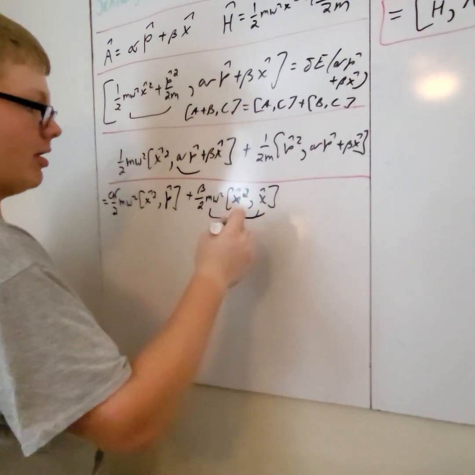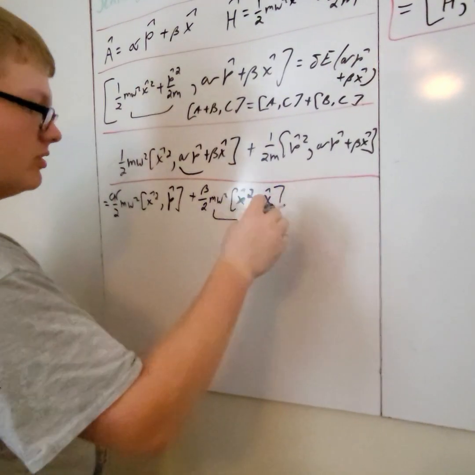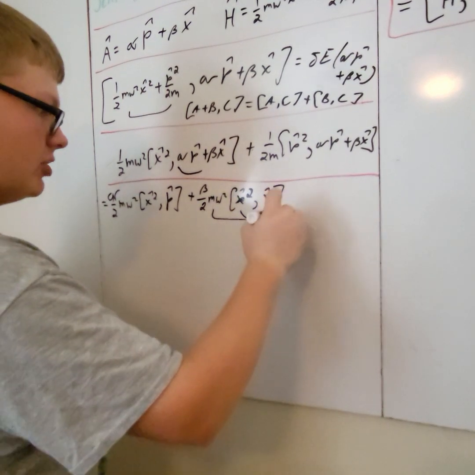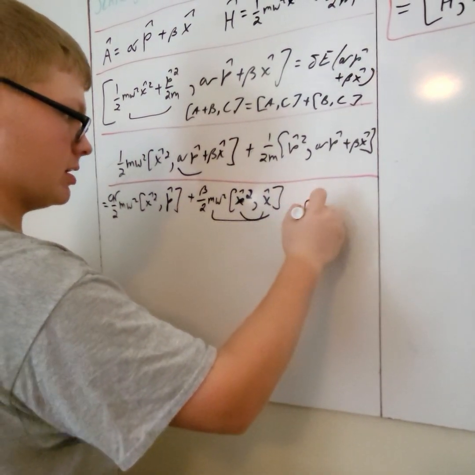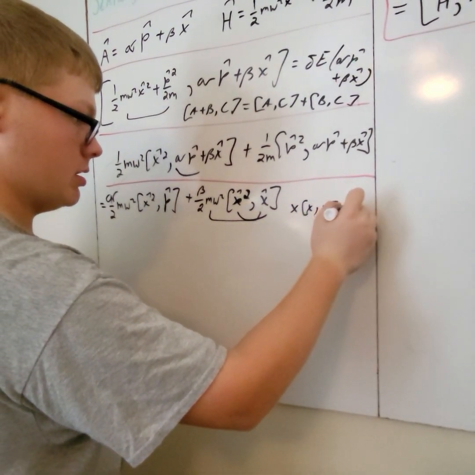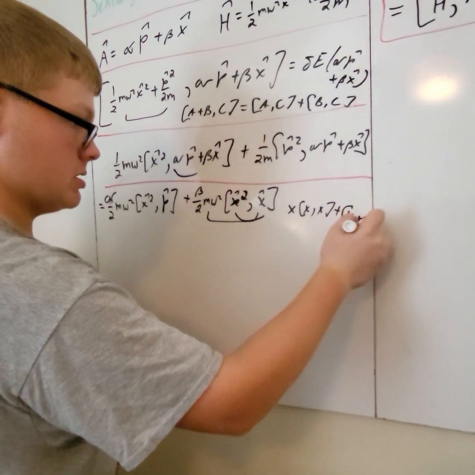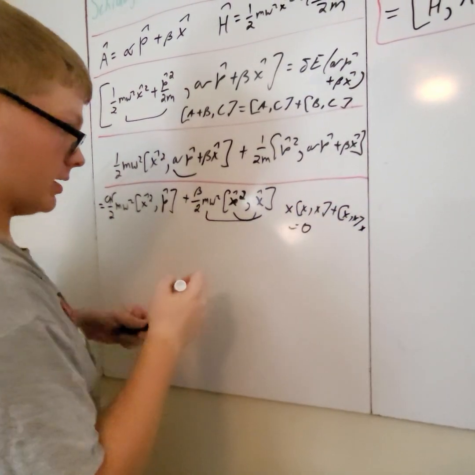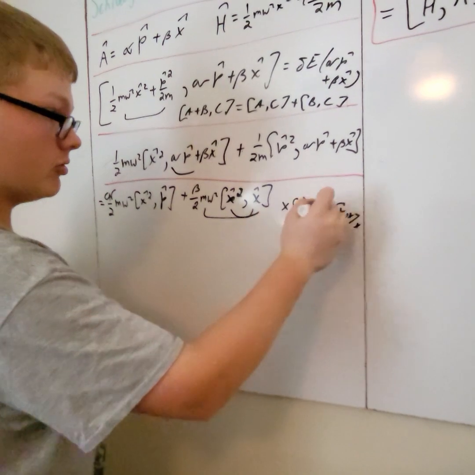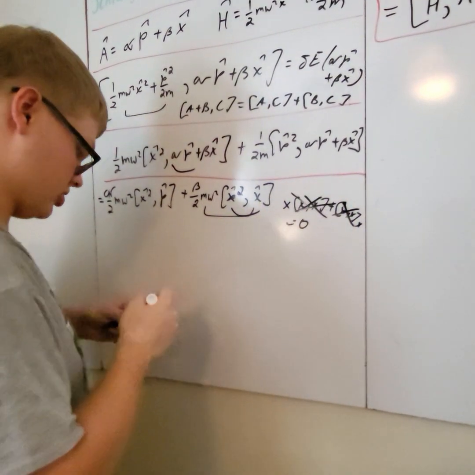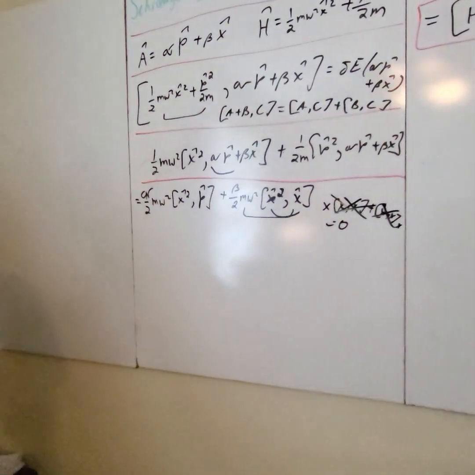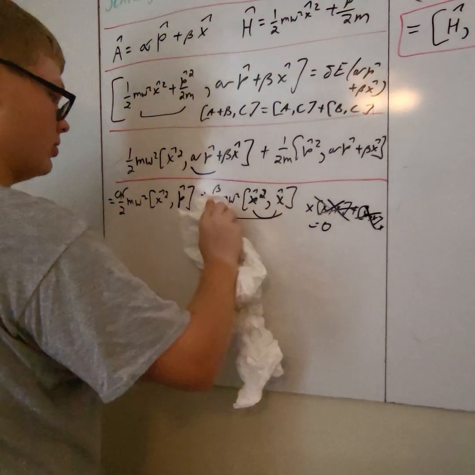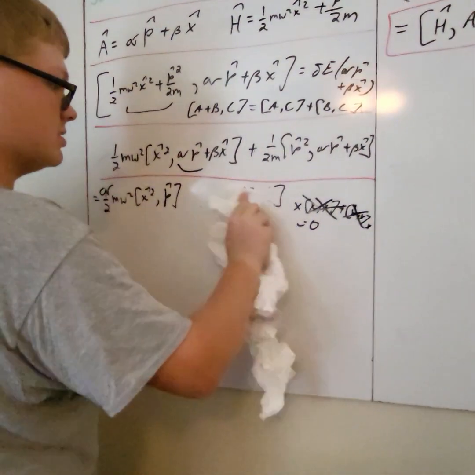And commutators like that go to 0, because you can expand it like that, and the commutator of something with itself is just 0. So that second term vanishes.